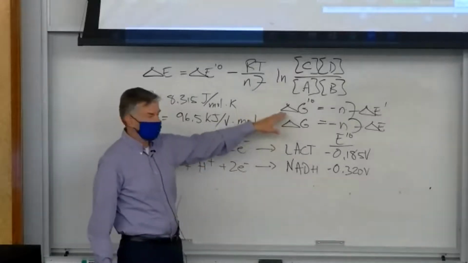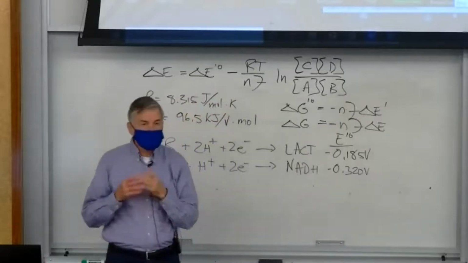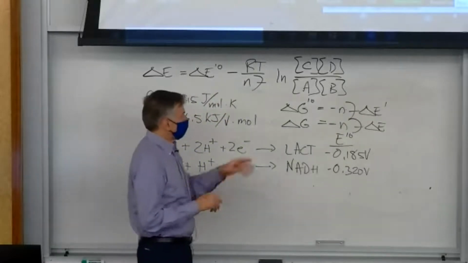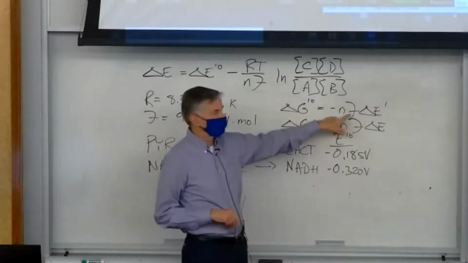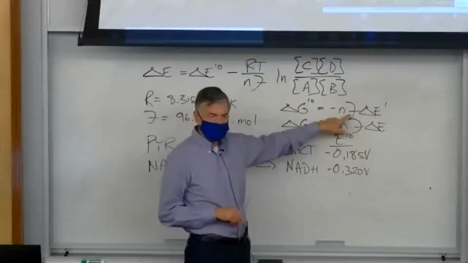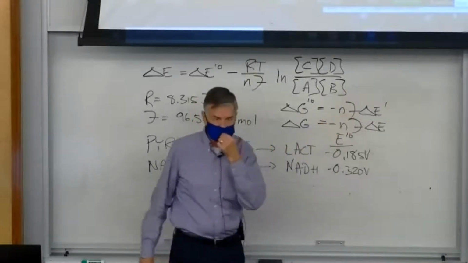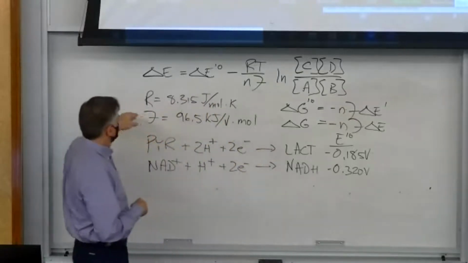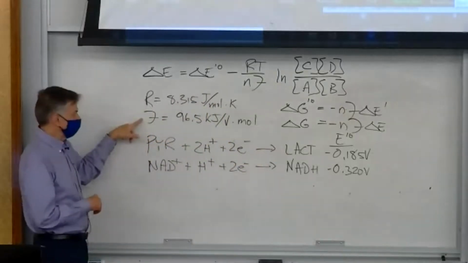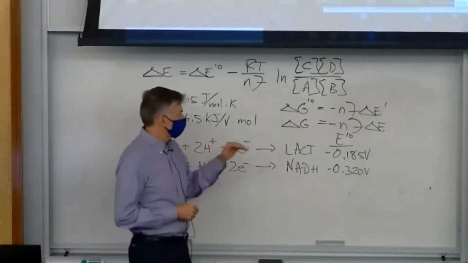So delta G prime 0 and delta E prime 0 are interrelated by this equation. This factor here is the Faraday constant, sometimes shown as a kind of a backward F or a fancy F. Its value is shown here on the board, but it should be available in the book as well.